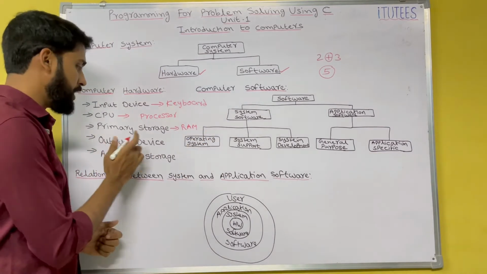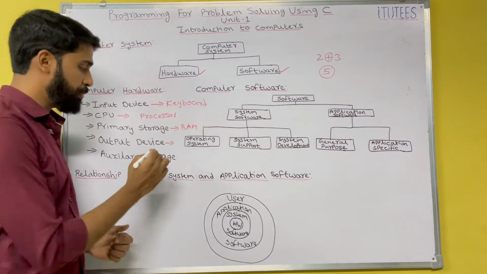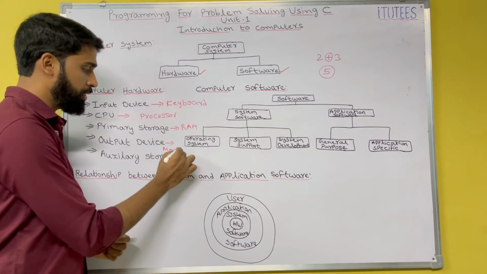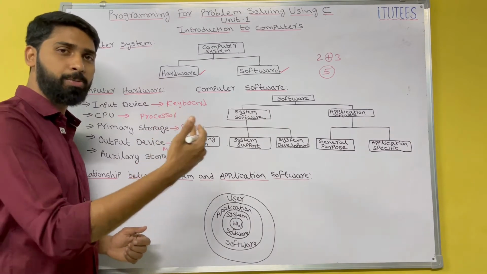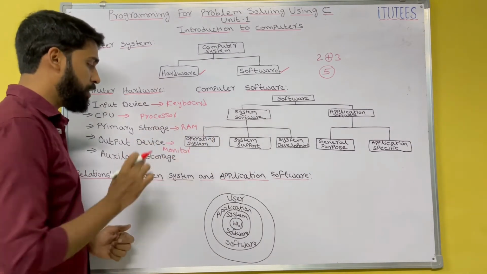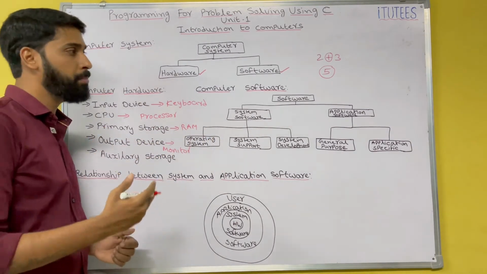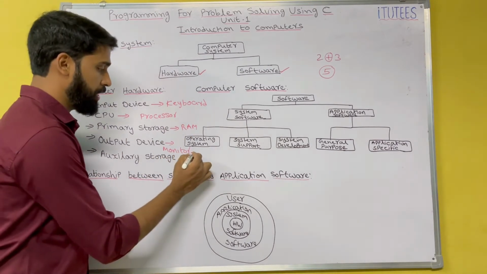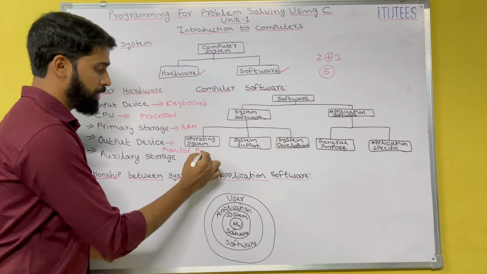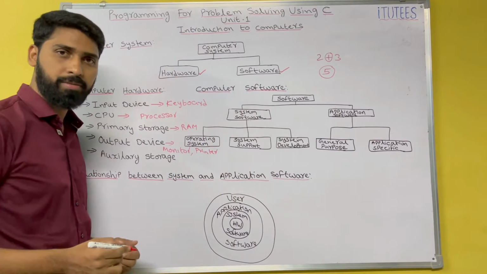Next, output device. The output device is the monitor. When you click the movie, the movie is displayed on the monitor, so the monitor is the output device. For example, if I want to print a message on paper, then the printer is also an output device.